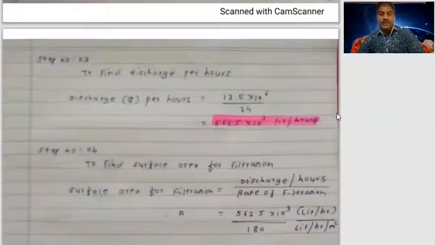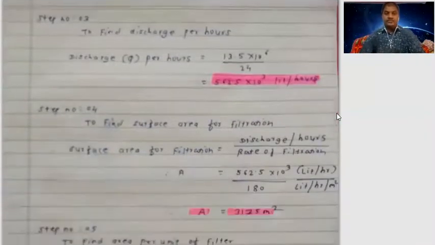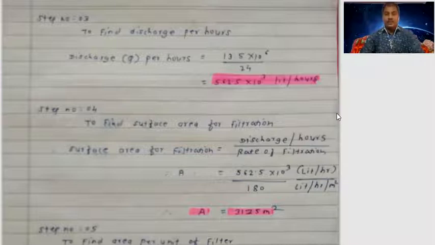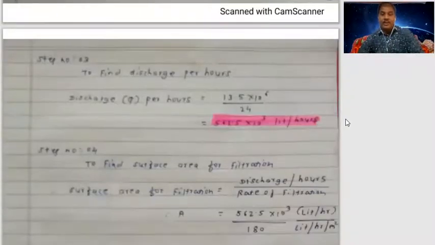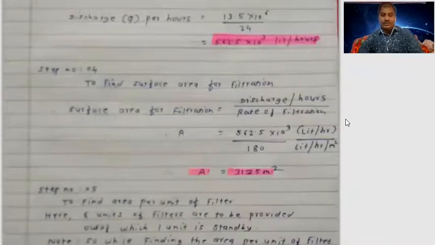Then, step number 3, to find the discharge per hour. Here is the formula: discharge per hour equals maximum demand divided by 24 hours, because one day is considered as 24 hours.